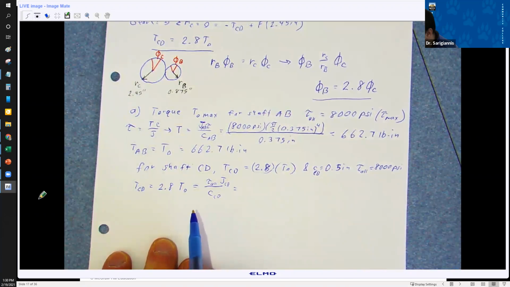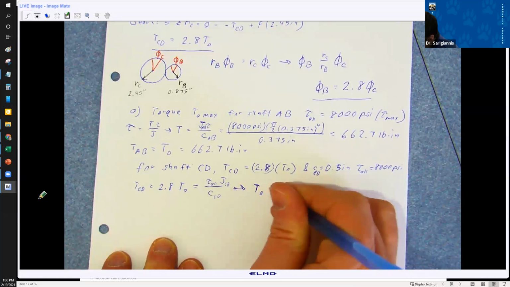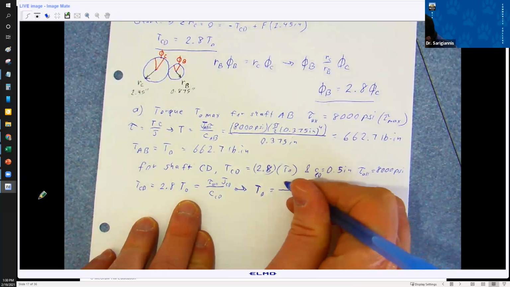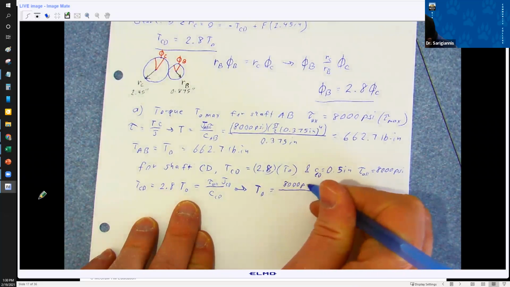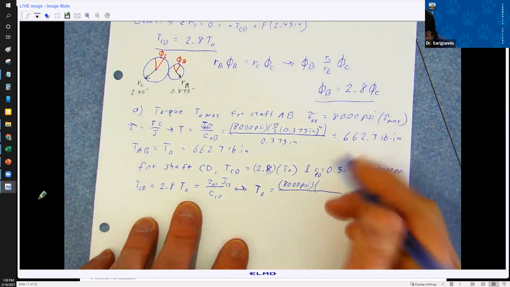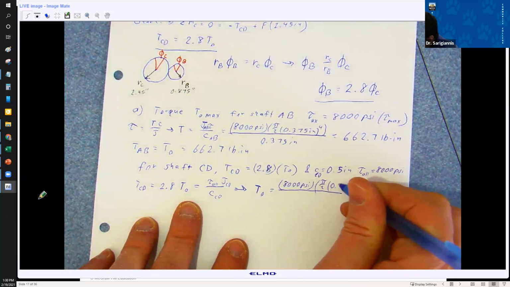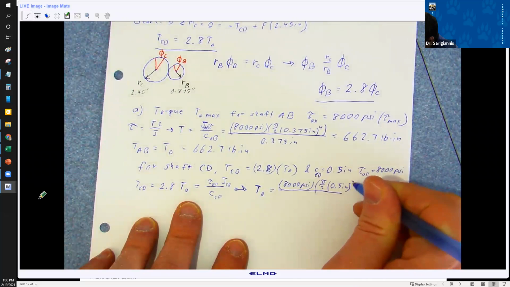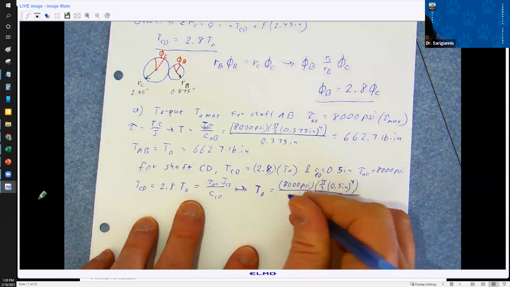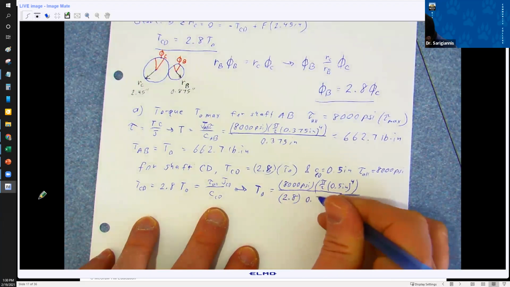I need to bring the 2.8 over, so I'm going to make this an arrow. So the torque is going to be the allowable shear stress again, 8,000 PSI. Now my J, this is also still a solid shaft, pi over 2, 0.5 inches to the fourth. And then I'm dividing by 2.8, so I've got that over here now. And then C is 0.5 inches.